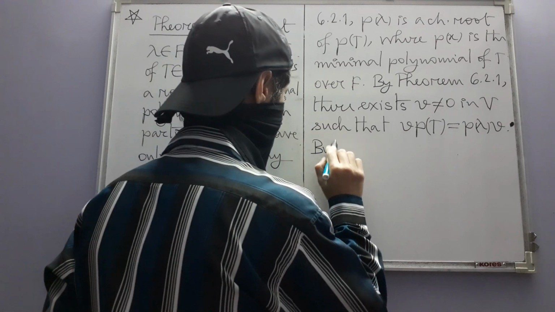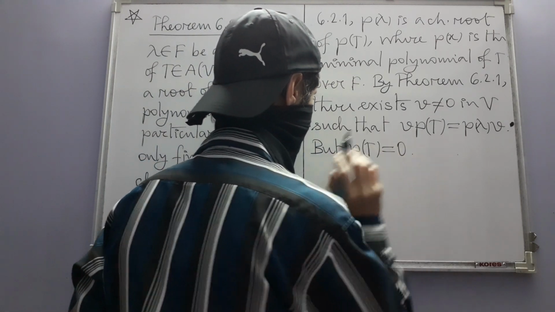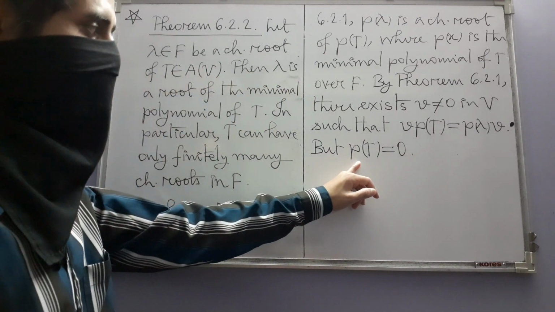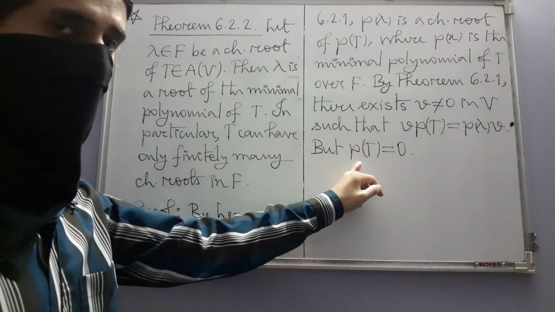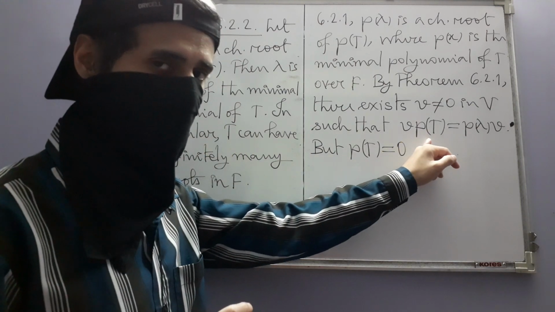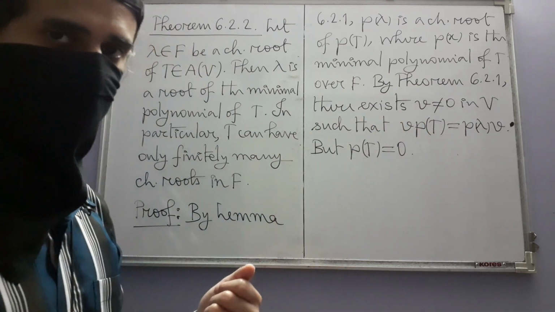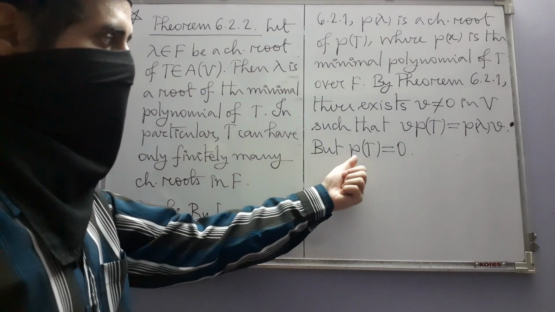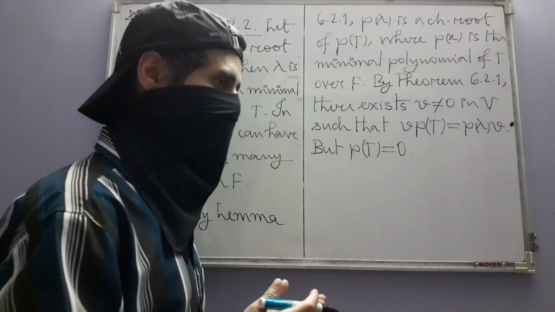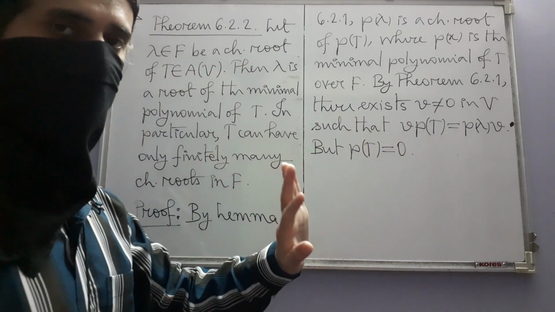But we know that P(T) is actually the zero operator, because if you evaluate the minimal polynomial of an operator at that operator, you are going to get 0, because the minimal polynomial is the monic polynomial having minimum degree and which also annihilates the operator, that is, it gives us 0 like this.